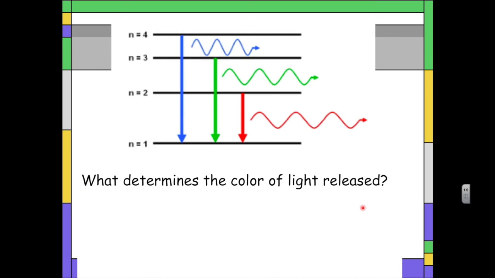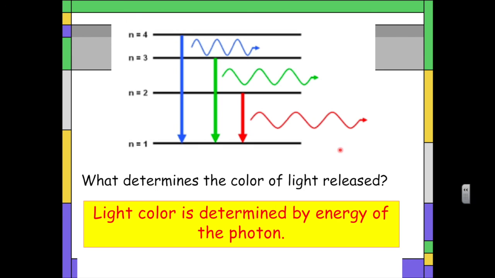Okay? So, what determines the color of light being released? It is determined by how big the jump is. So we have a bigger jump here, so it's going to have a shorter wavelength, which is a higher energy.